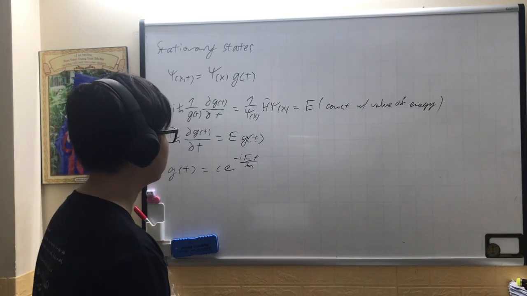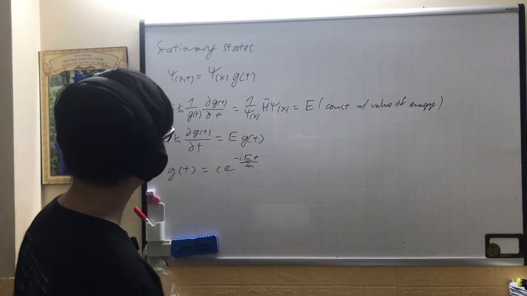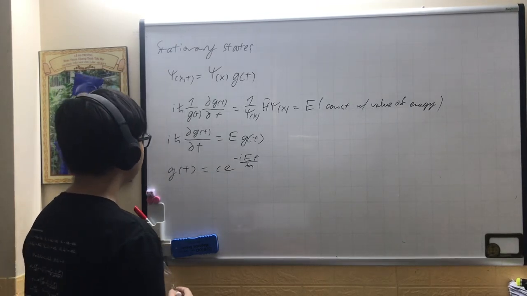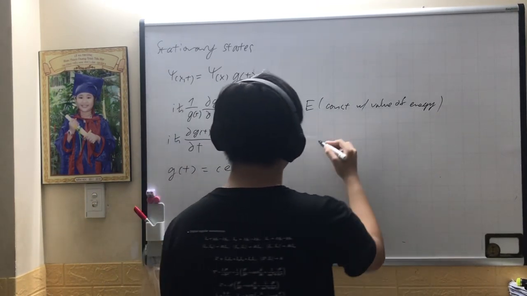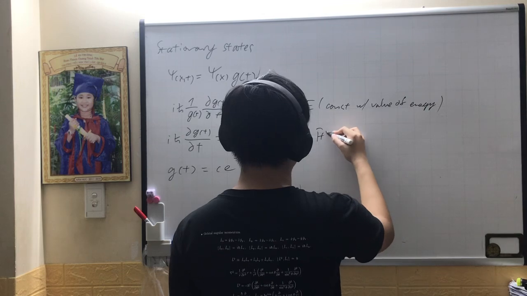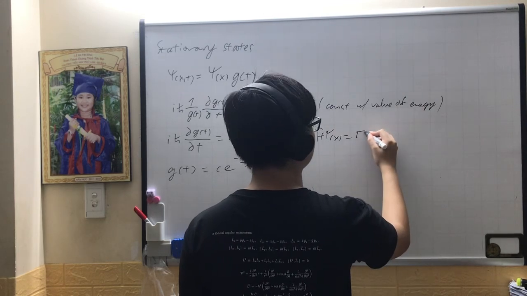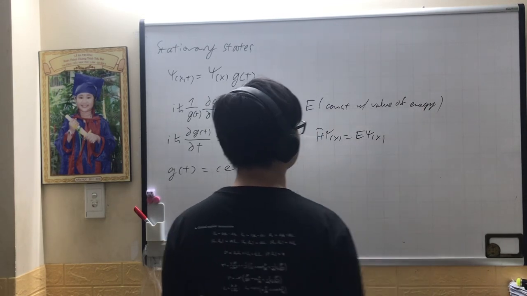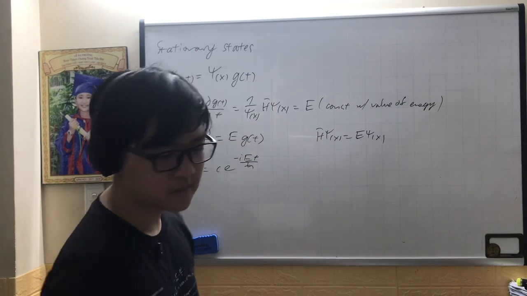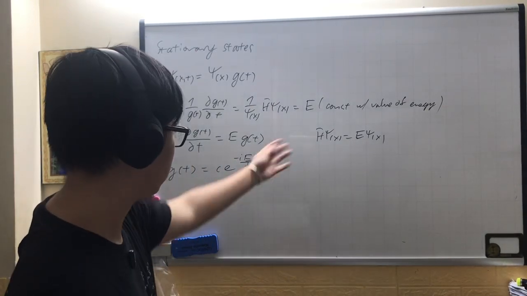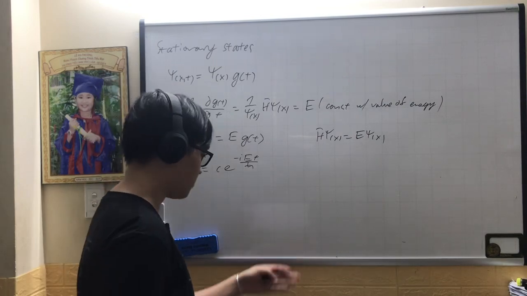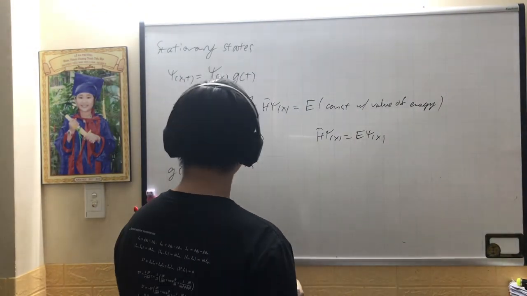Next, we're going to consider the space part. With the space part, you cannot really do much. You only write it as this psi of x, and you cannot really do that much transformation with it. It's just as is.